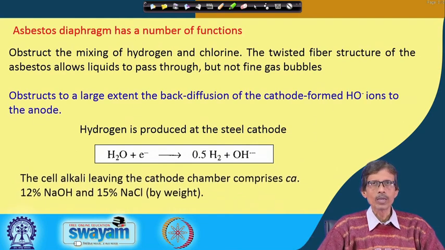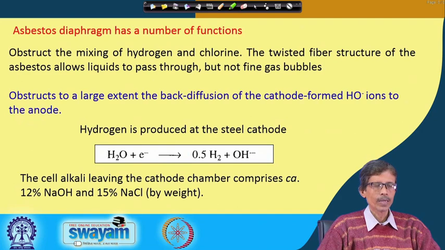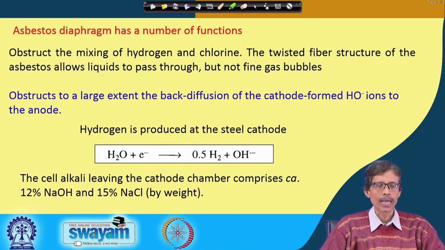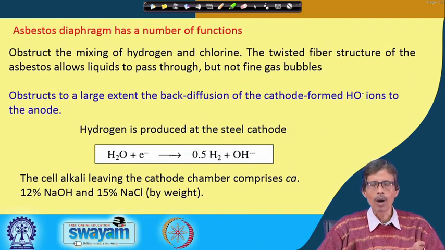And by doing so, the cell alkali leaving the cathode chamber, that means the solution leaving that cathode chamber, comprises 12% NaOH and 15% NaCl by weight, because you already have a high concentration of sodium chloride. So, the sodium chloride concentration will come down and the sodium hydroxide concentration will go up.